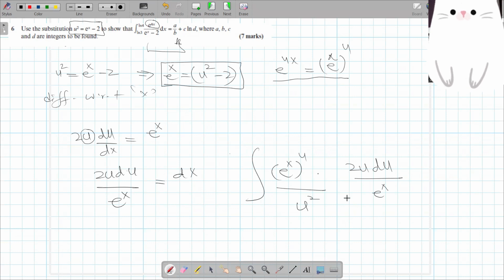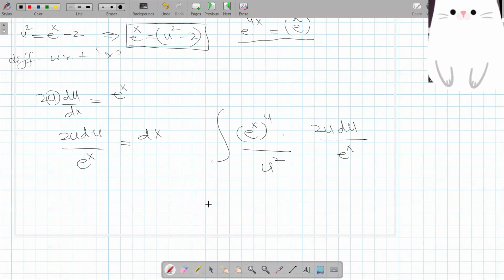So we need to convert everything in terms of u, right? One e to the x is cancelled because we have power 4 here. So we will have e to the x to the power 3 and 2u du divided by u squared. One u will be cancelled with this.